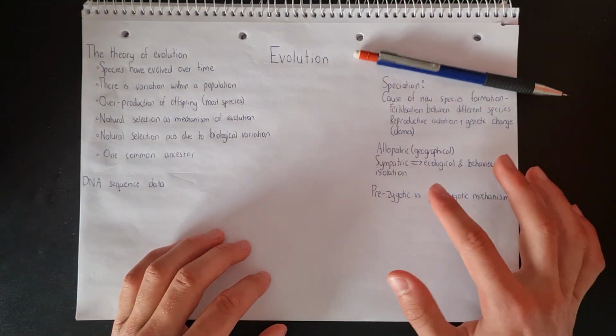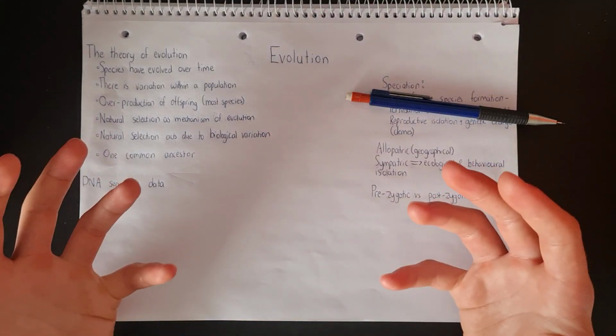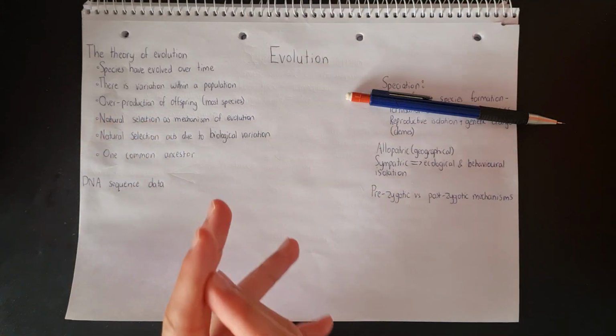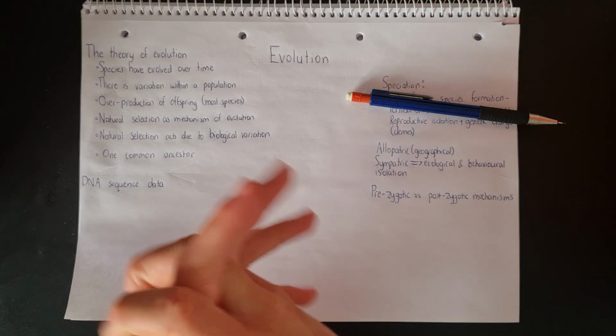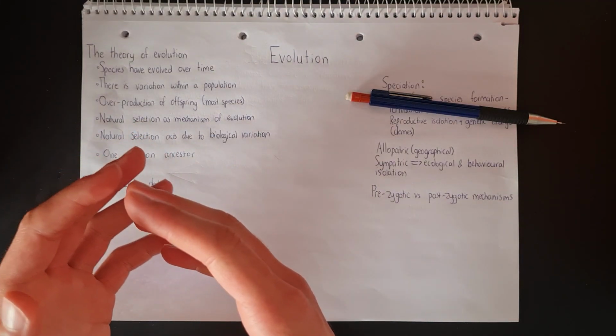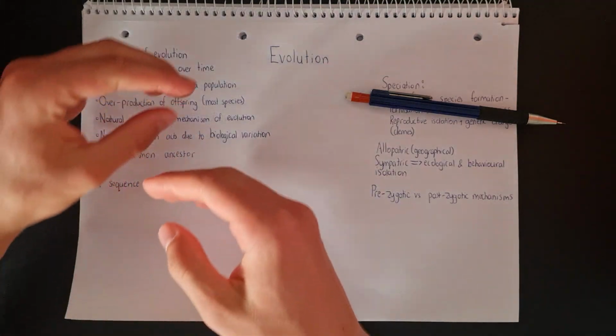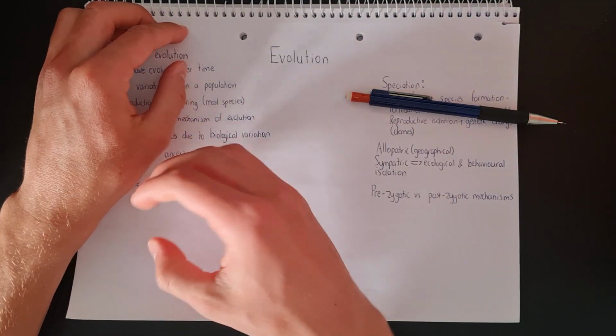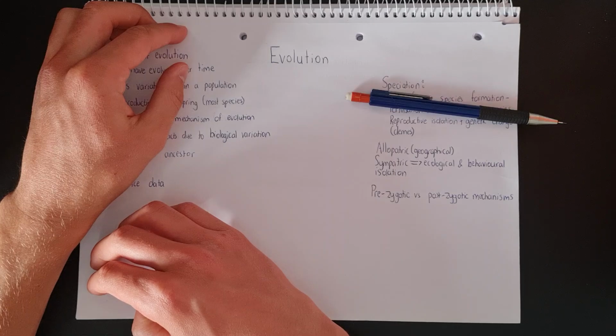In behavioral isolation, due to differences in courtship behavior, or maybe some different individuals are attracted to a different phenotype, slowly and steadily some individuals will interbreed with one another, and different individuals will interbreed with one another.